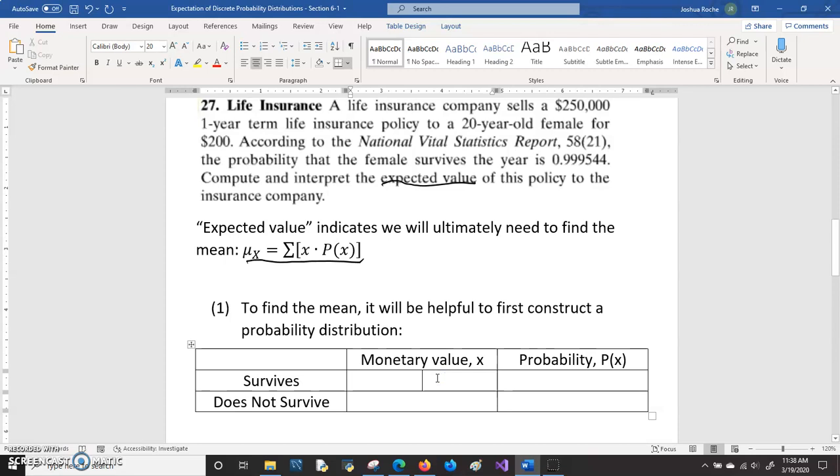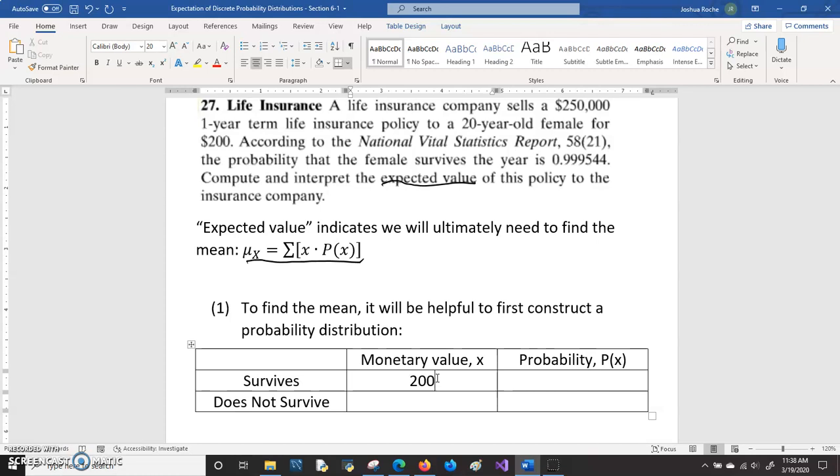So if the 20-year-old female who purchased the policy survives, from the company's perspective, they would profit $200. They would just take $200 and that's it.